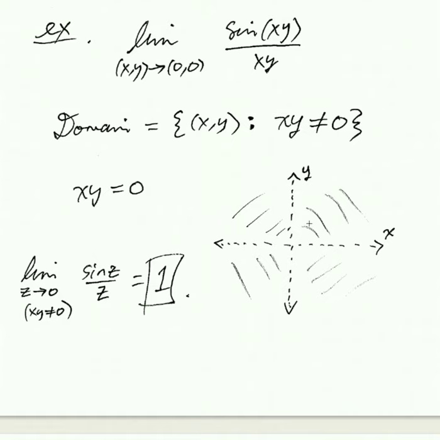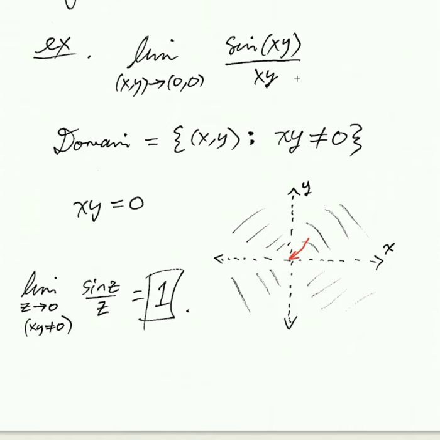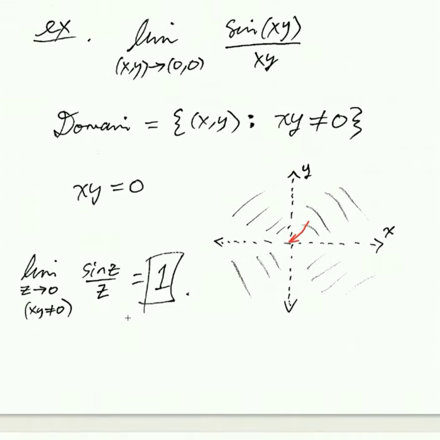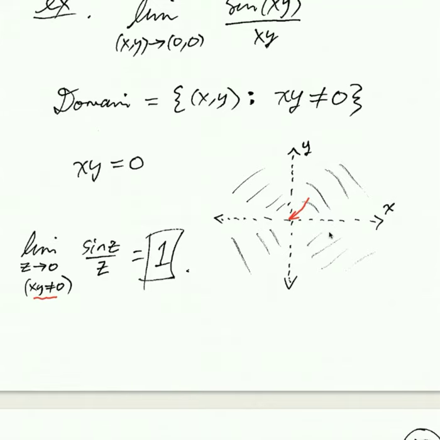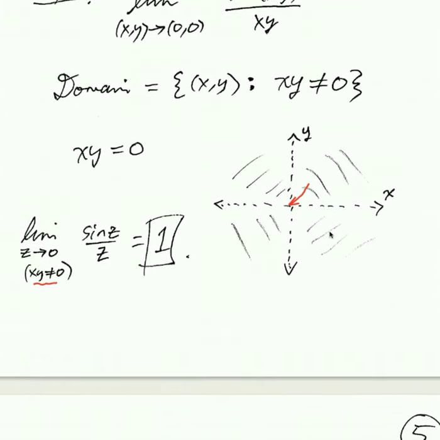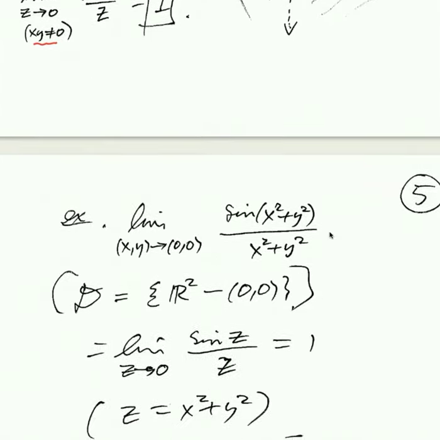When you're approaching, you should get the same value regardless of how you approach. So some people would write it explicitly this way: just replace (x, y) by z. So you're taking the limit as z approaches 0, and here we just put in the proviso that xy is not 0. Sine z over z equals 1. So they would still say that the limit exists. Just to let you know how some people do things.